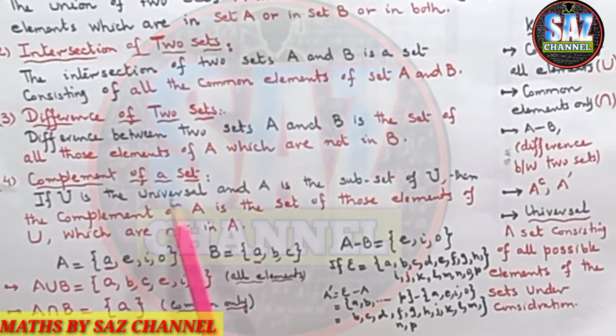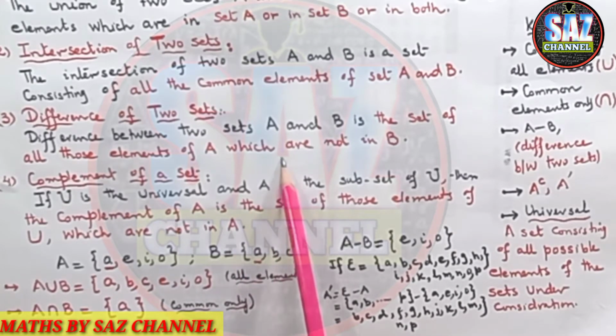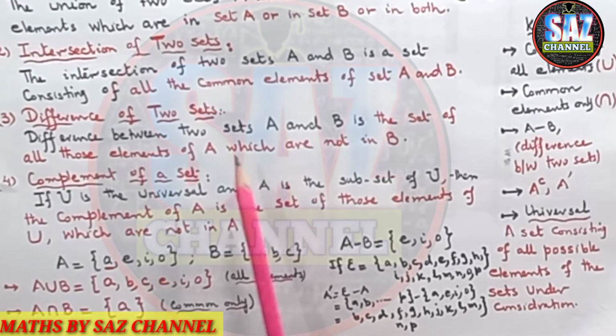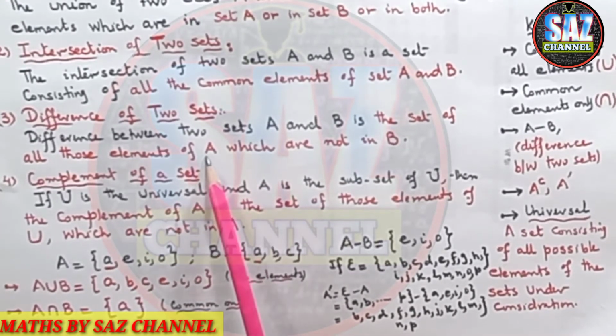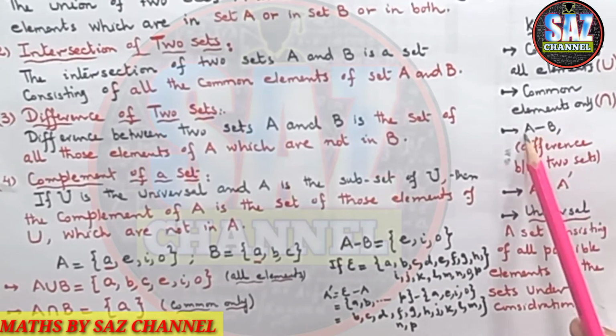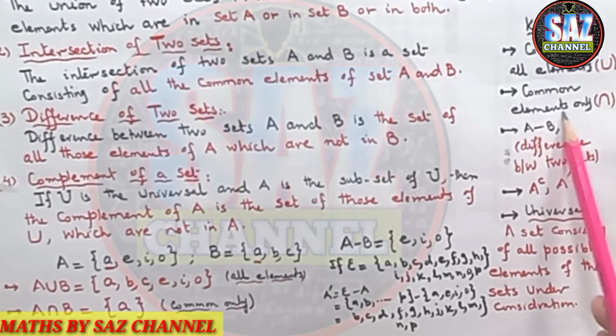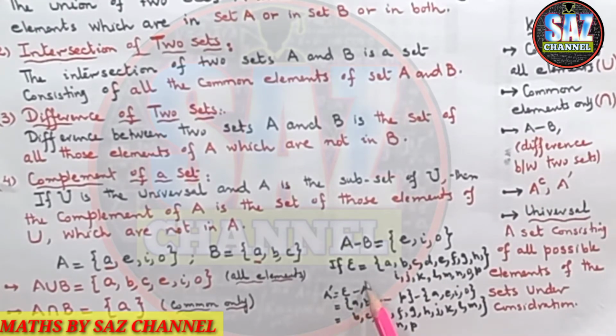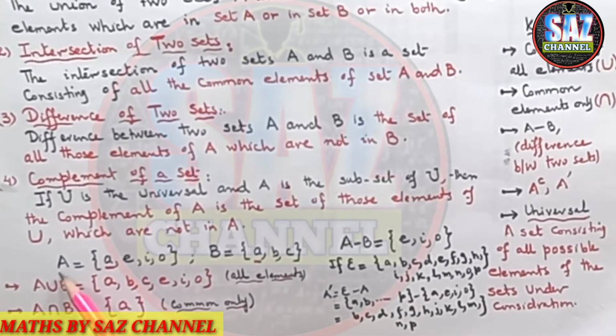If U is the universal and A is a subset of U, then the complement of A is the set of those elements of universal which are not in A. It means that the complement and the difference are the same, but in the difference of two sets we take the difference between two sets only, and for the complement we take the difference from the universal set. Let's understand all these terms with the help of examples.